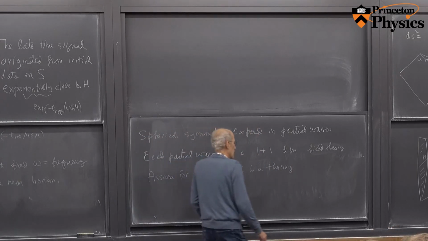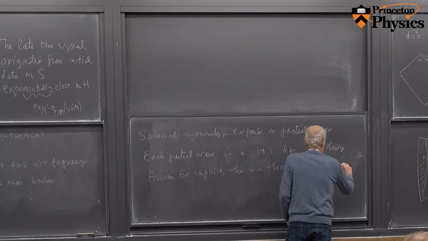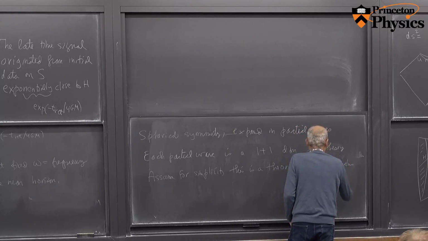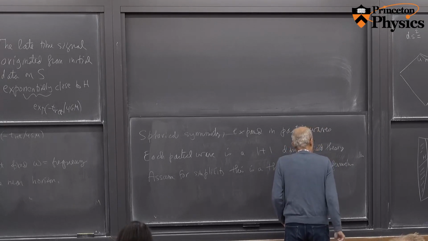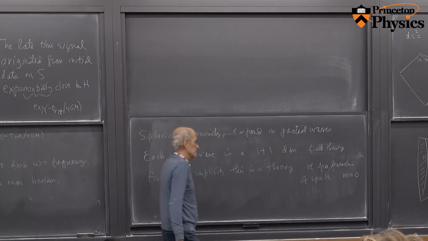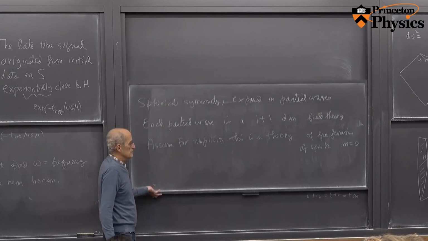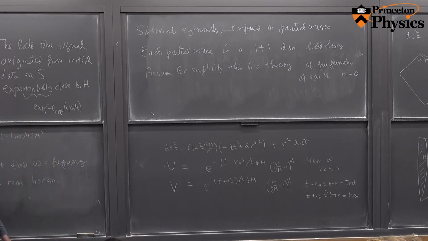So the very simplest is the theory of free fermions of spin a half and zero mass. So we'll see what happens in that example, and then we'll consider some other examples. And then we'll become more realistic and make a partial wave expansion of a real theory in d dimensions.